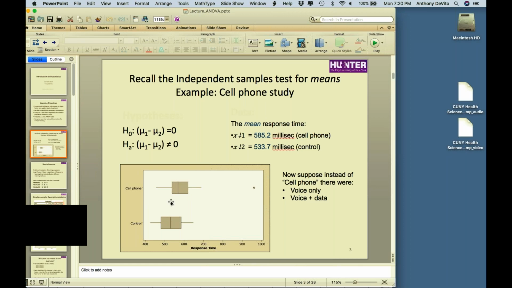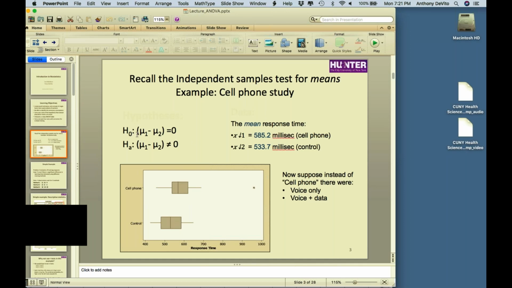Apparently they took many readings in each of these two conditions, and for each of these two groups they looked at the means. They compared the means of these two groups.